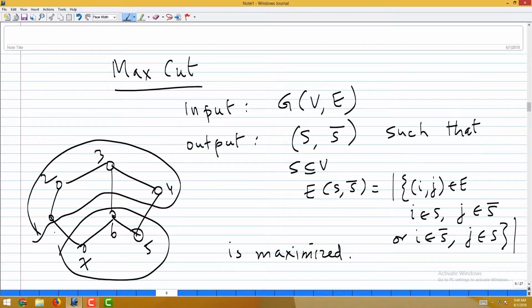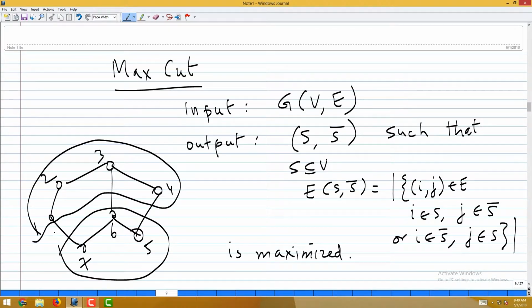So, he says there are n square combinations. Actually, you do not have to do n square combinations. Fix S and vary T, that alone is enough, because what max flow gives you is a min ST cut. If you fix an S and fix a T, then among partitions where S is on one side and T on the other, the minimum number of edges, the min cut, is what max flow will find you. So, you fix some S and vary your T, then n many max flow computations will give you the min cut.